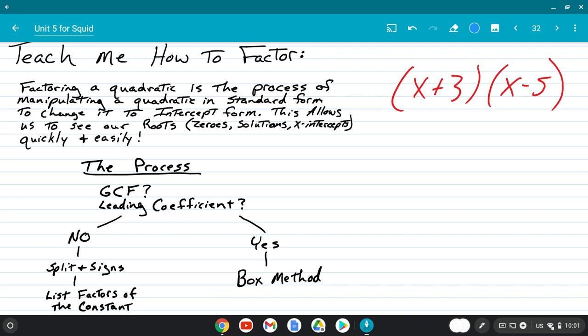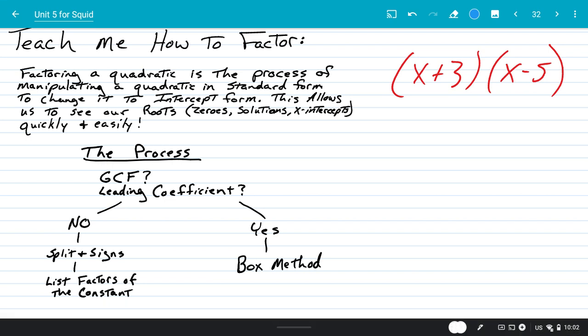We do that because this allows us to see our solutions, or our roots, or our x-intercepts really quickly and easily. Over here on the right side, that's one that's in factored form. If you factored it and it looks like that, what are your zeros?